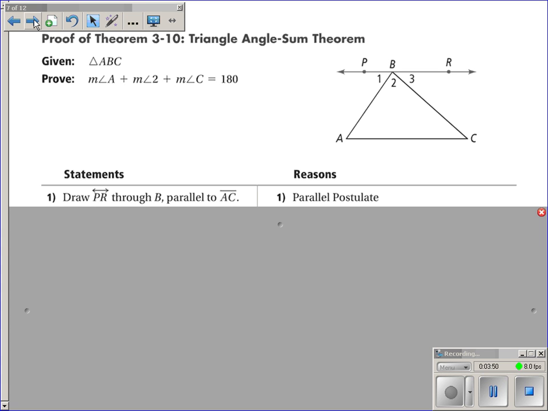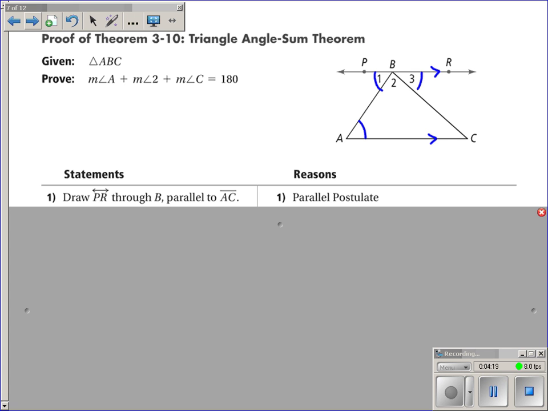Now if we look at why this is true before we jump into what the proof looks like, we know that this we've drawn parallel to this. And from section 3-2, we know a lot about parallel lines, especially the pairs of angles that exist. For example, angle A we know would be congruent to angle 1 by the alternate interior angles theorem, because they're alternate interior angles.